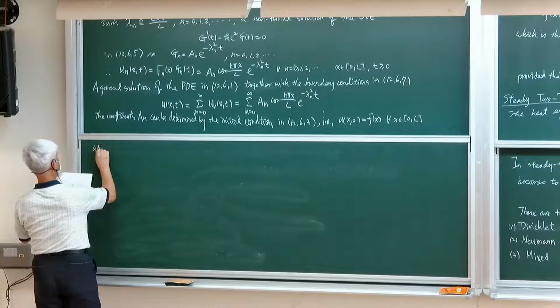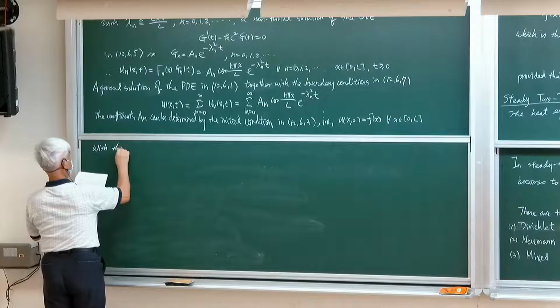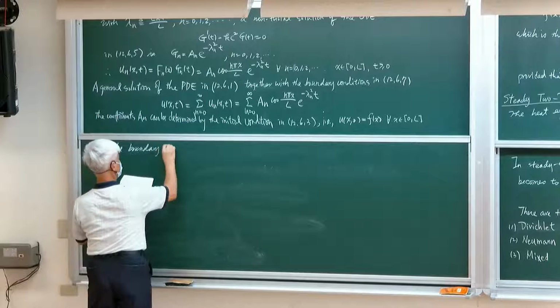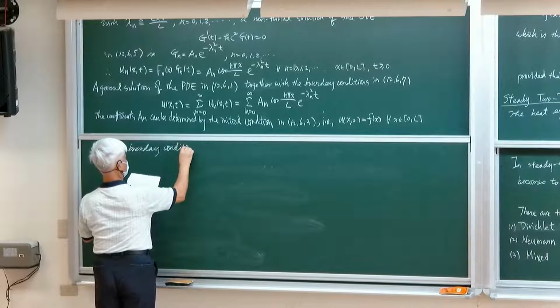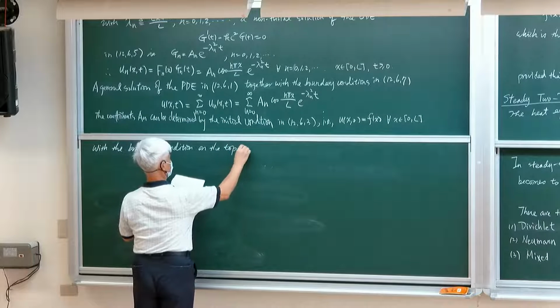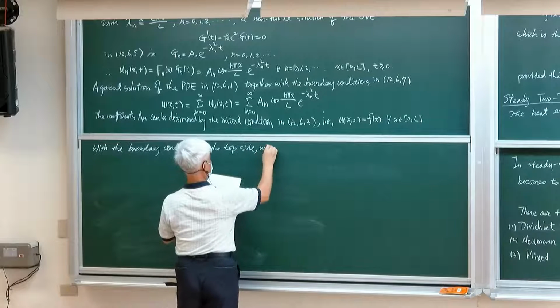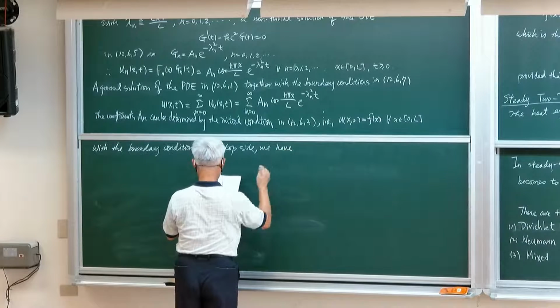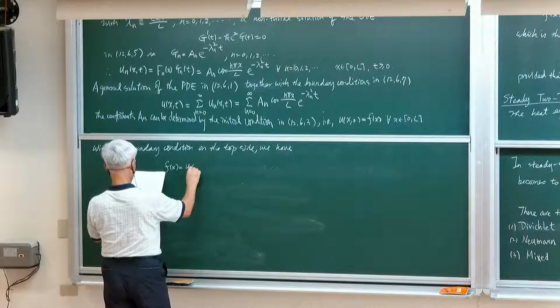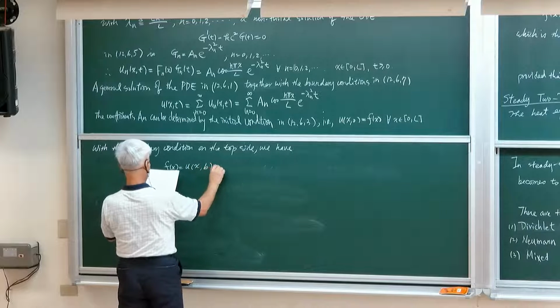All right, so with the boundary condition on the top side, we have f of x is equal to u of (x, b).